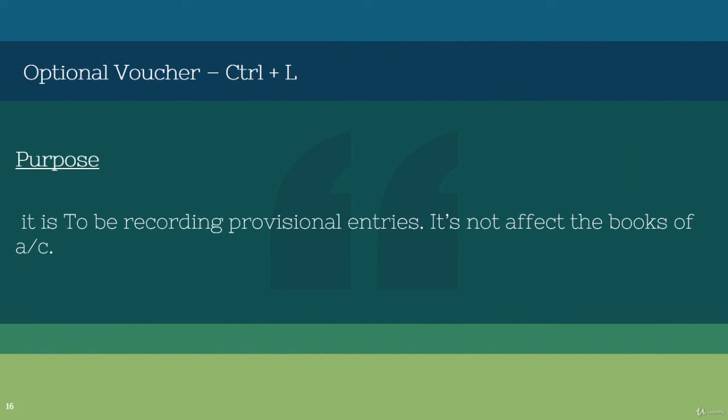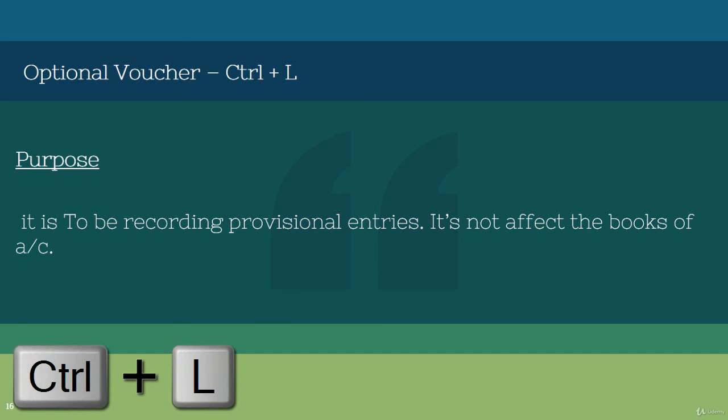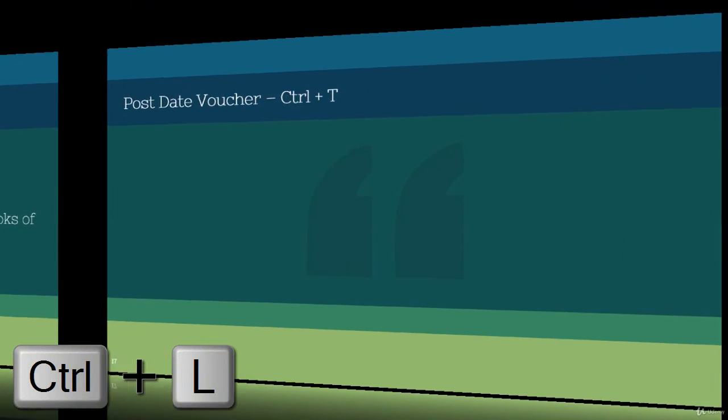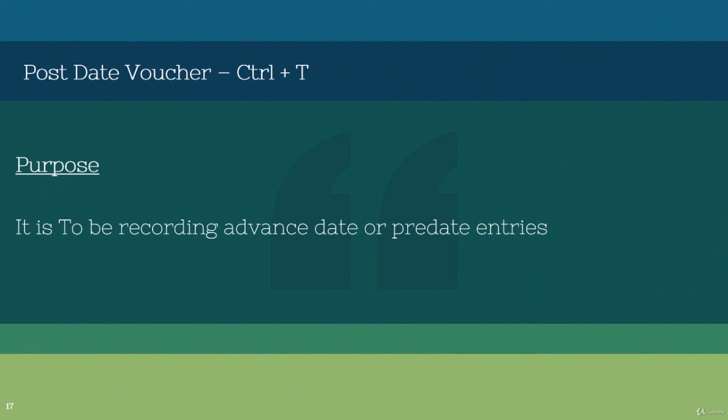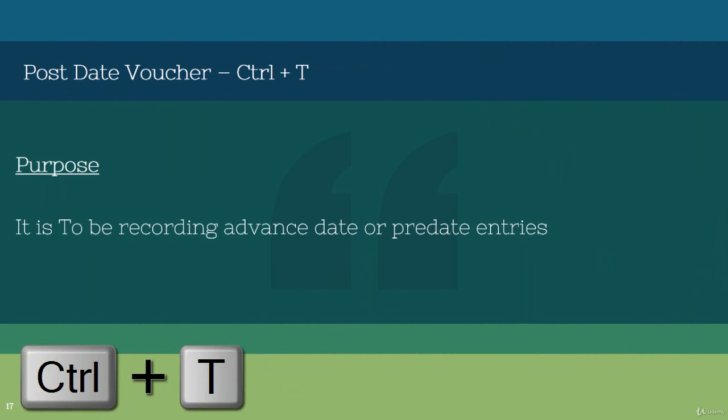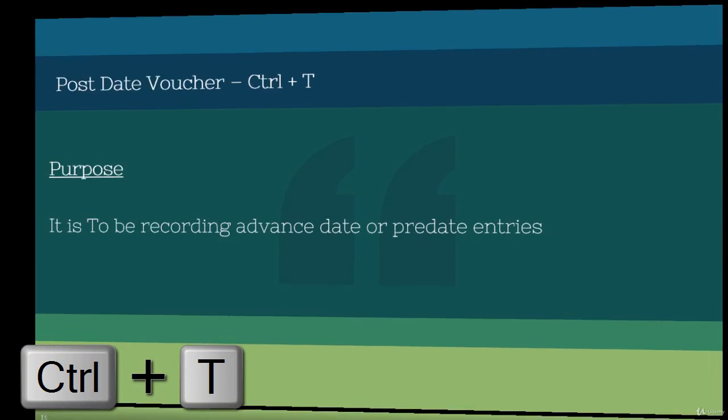Optional vouchers record provisional entries. They do not affect the books of accounts. The next one is the post-dated voucher. It records advance-dated or pre-dated entries. The shortcut for the post-dated voucher is Control plus T.